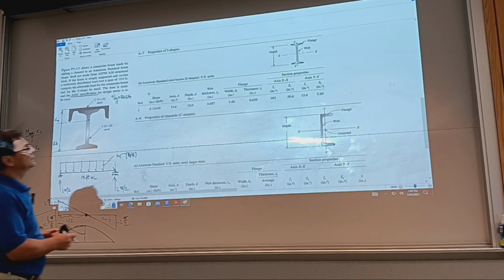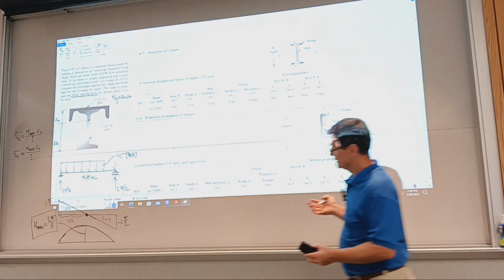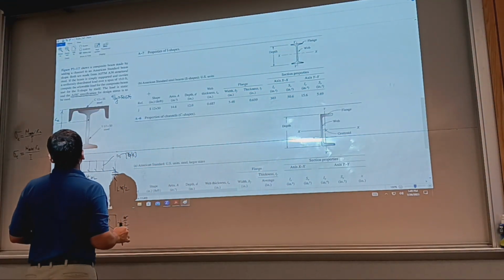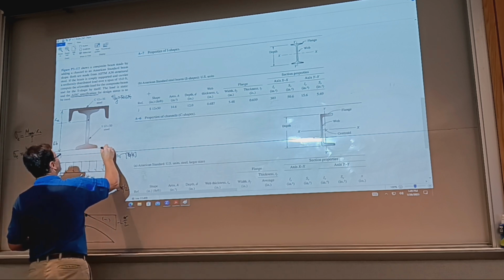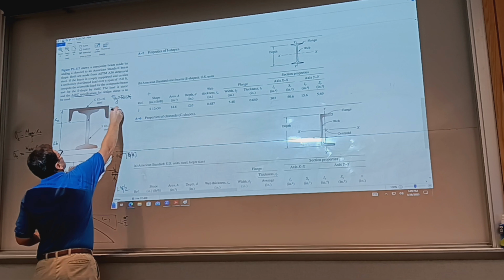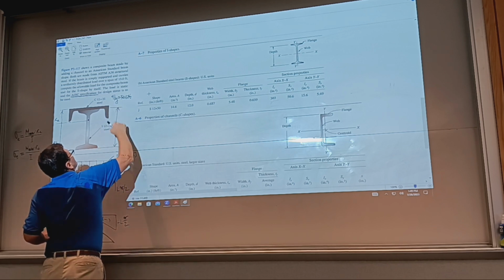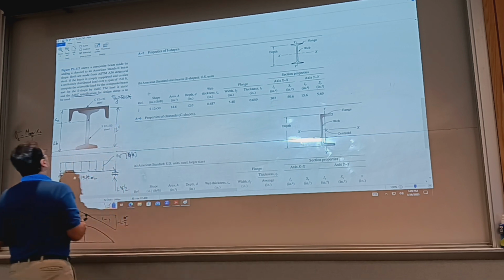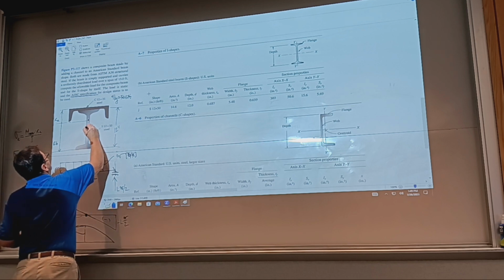So I'm looking at a channel that is rotated. I'm going to add some information on this figure here. We know some geometry. This distance is 12 inches. The centroid for the I-beam is right here.